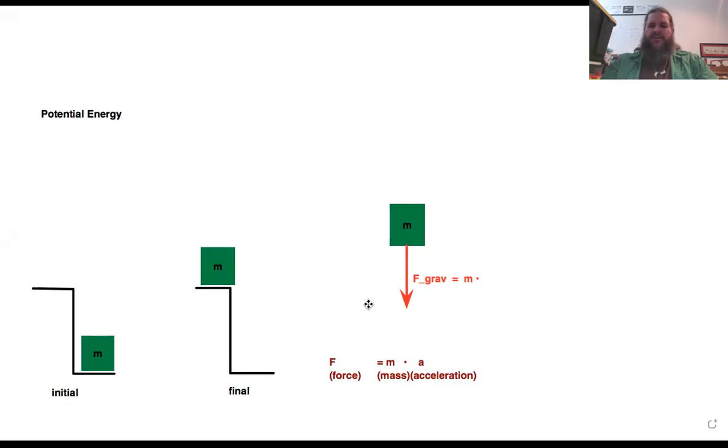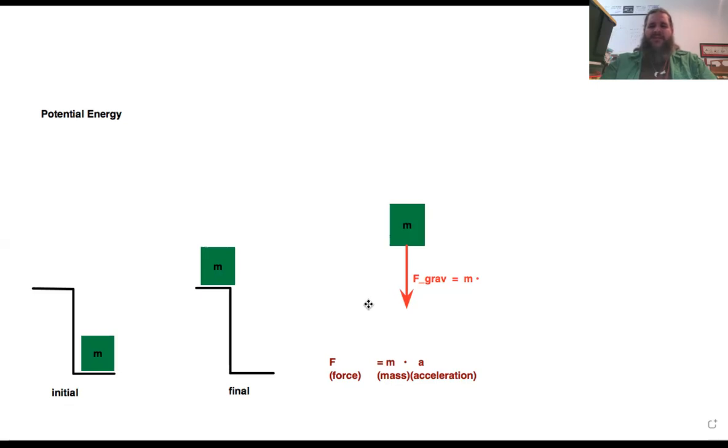Like you could see this if you have, let's say, a model train on model train tracks and an actual full-size train on train tracks. If you push on both of them, if you want them both to accelerate at a certain rate, you've got to push much harder on the full-size train than on the model train. Not because of friction or air resistance or what material it's made of, but simply because the full-size train is more massive.